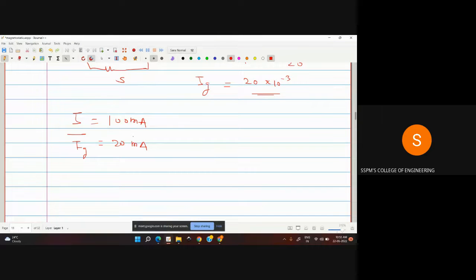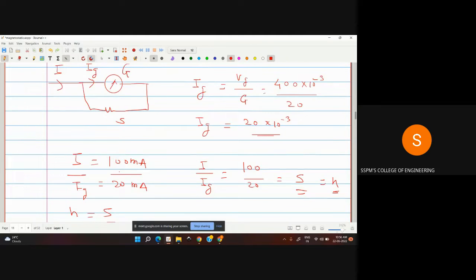Take the ratio: I upon Ig is equal to 100 divided by 20, which is equal to 5. I upon Ig काय येणार, 5 येणार. And you can consider it as n. n म्हणजे काय, I upon Ig. The value of n is 5.